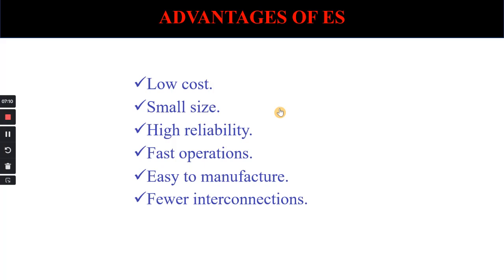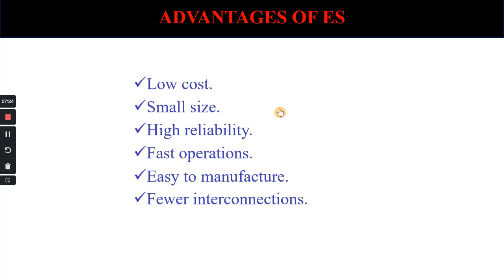And then fast operation. What is fast operation? We can execute it quickly because it is only for this particular task, right? So it will work quickly, it will execute, and it gives you the output quickly. Based on the speed, we can increase the speed based on our requirement. A lot of options are there to increase our operations.